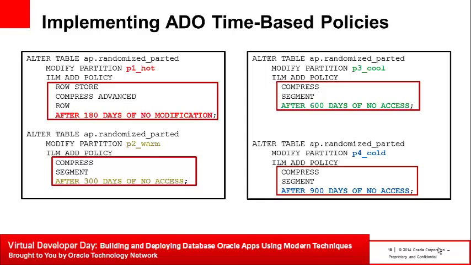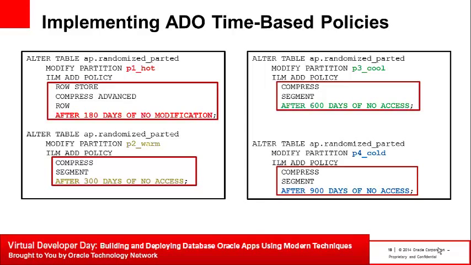What do we mean by that? After 180 days that no DML has touched this particular partition, I would like to compress the blocks within this segment, the ones that have not been modified after 180 days.